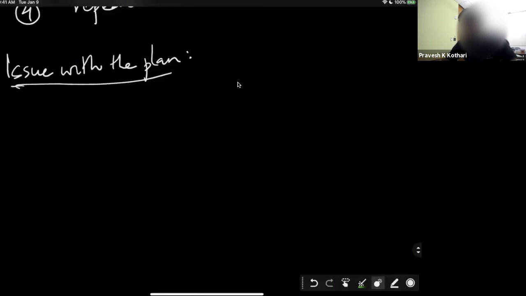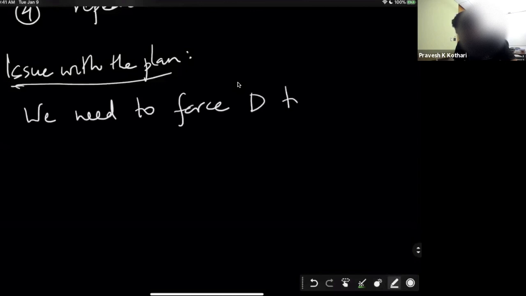So we need to force D to have information about all clusters.